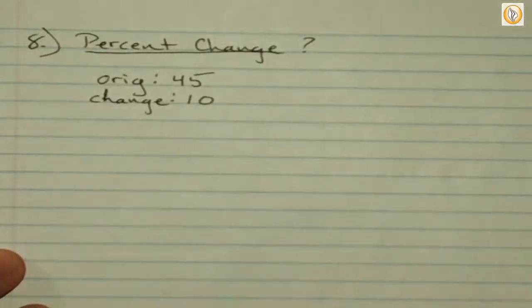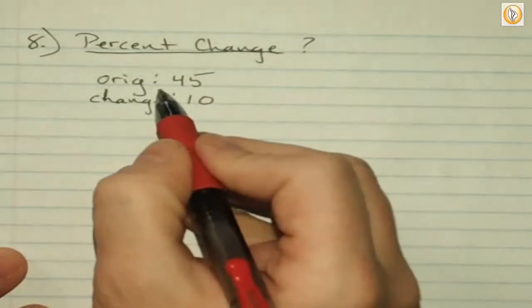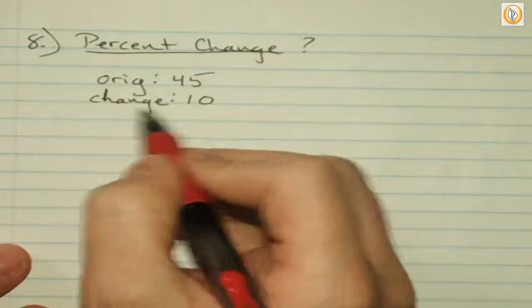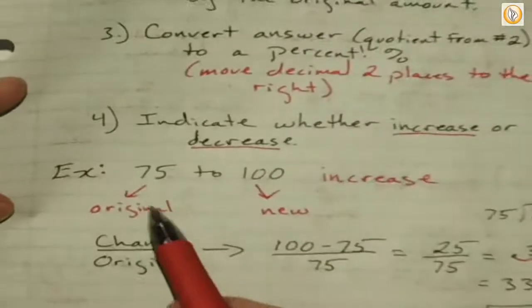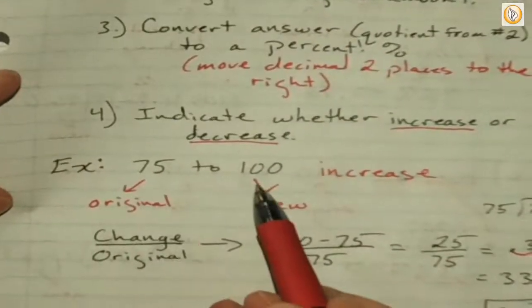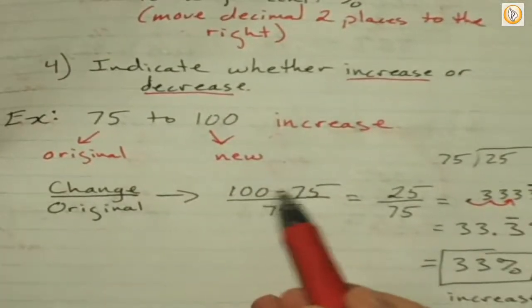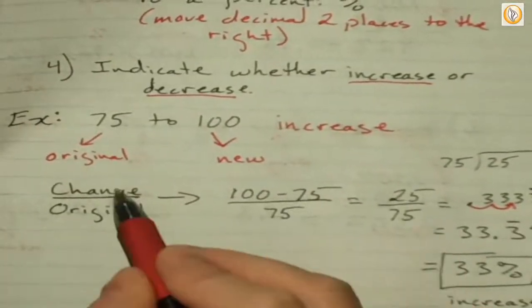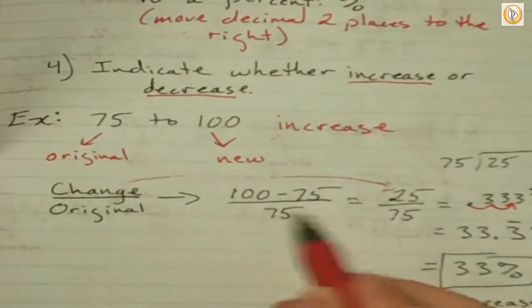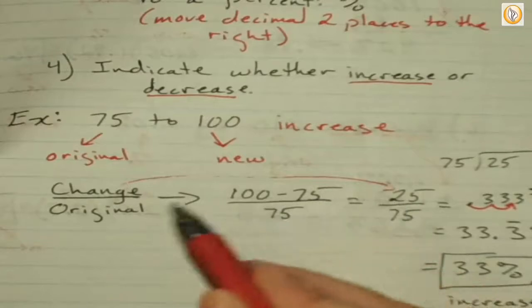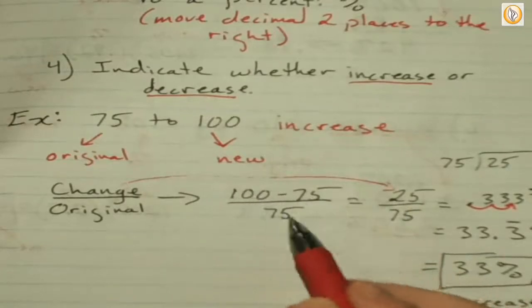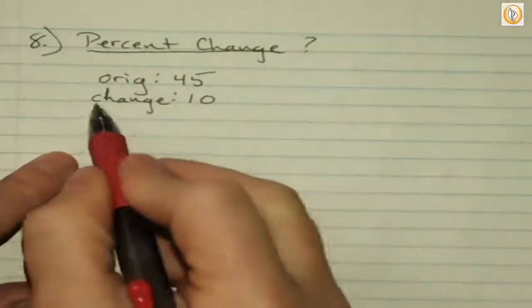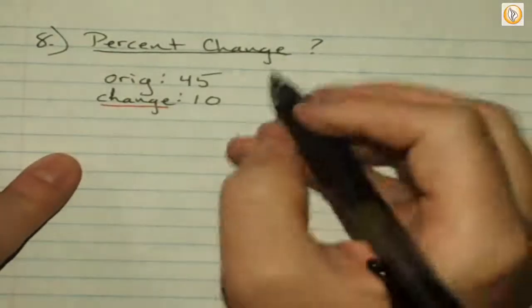So, okay, they gave us the change, but remember up here, they gave us the original and the new, so we had to subtract to find the change. We had to find the change in our first example by subtracting the original and the new, and then we could work it out. But this one, they gave us the change, so that's good.